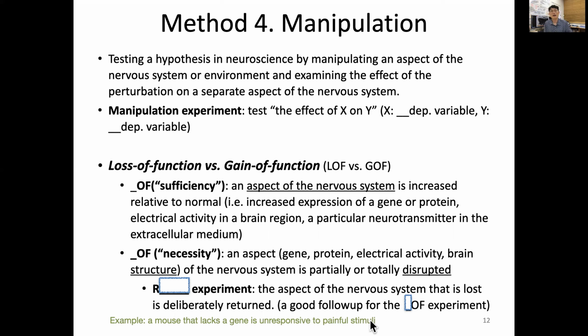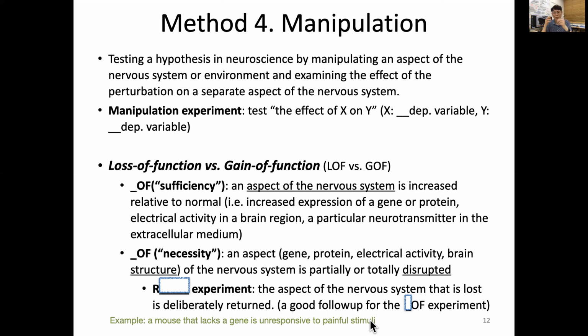So I have a mouse and I deliberately manipulate it so that gene A is lost. And this mouse now turns out to have no pain. So how can we conclude this? A wrong conclusion would be that this gene is regulating pain detection. That's probably not the best way.